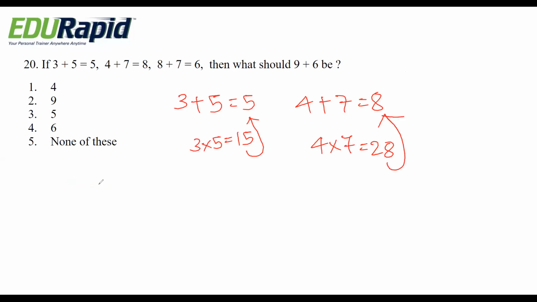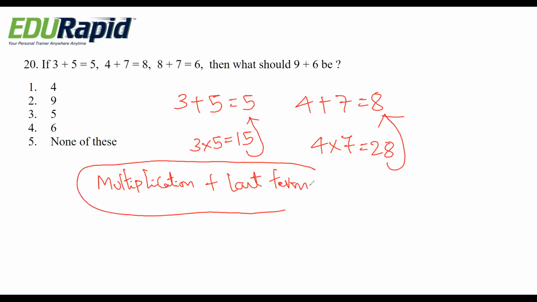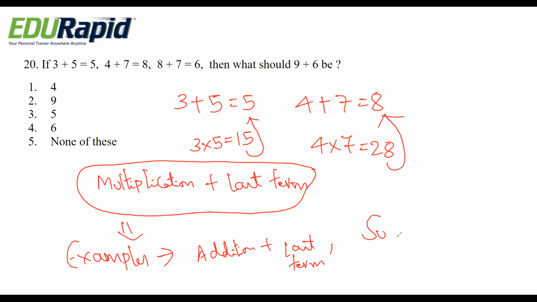Here the pattern is multiplication plus last term. In the examples I am giving, you will get addition plus last term, or subtraction plus last term, or division plus last term.